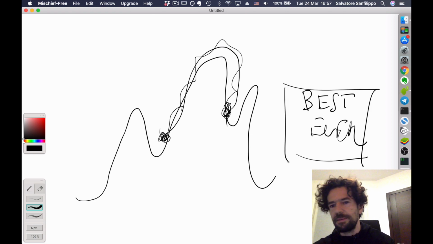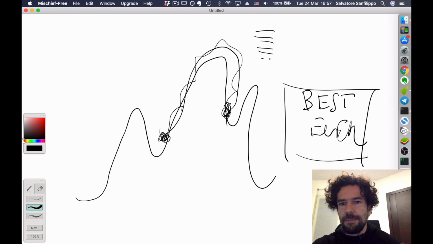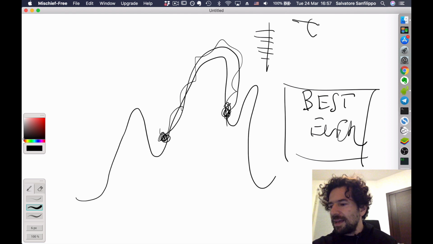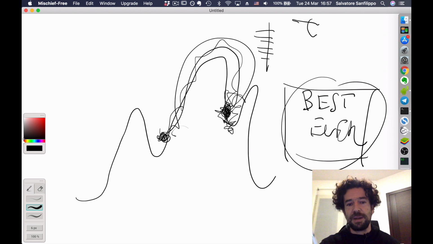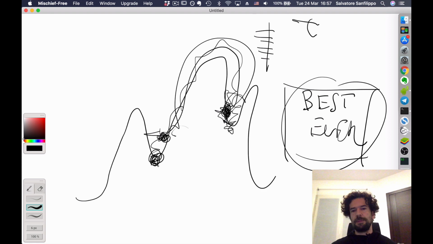So after every given number of cycles, while my temperature is decreasing, if my current solution is worse than the best ever solution, sometimes I do some kind of backtracking and I jump back to the best solution that I found. So at some point I say okay, this is not going to work because I had a better solution here, and I jump back at a lower temperature this time, and I continue the process, and I will find the local minimum.